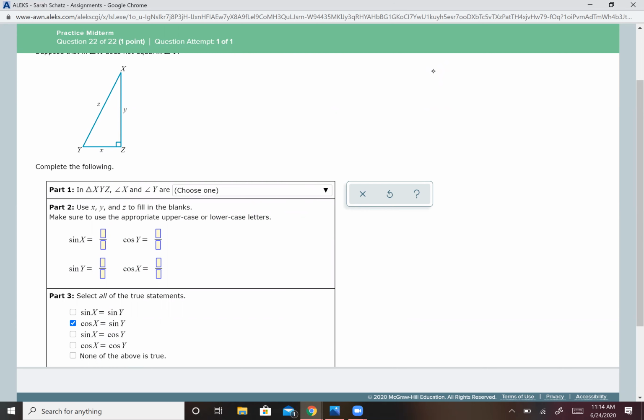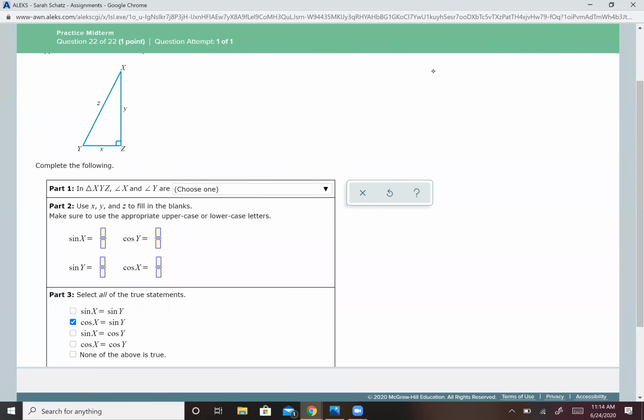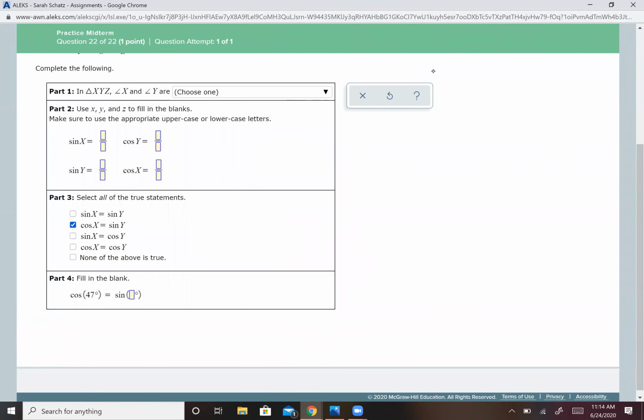They're always going to be complements of each other, the other two angles in a right triangle. So the cosine of x is the sine of y, or the sine of its complement. Remember, this is what we called the cofunctions. Sine and cosine are cofunctions, and that's why this is true. The sine of x is going to be the cosine of its complement because sine and cosine are cofunctions.